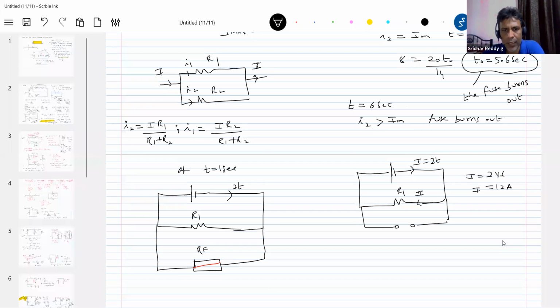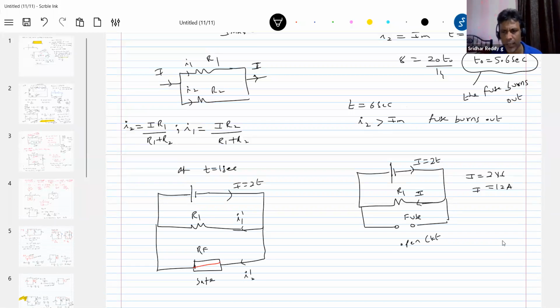So the current I2 dash, I1 dash will flow. The fuse will be safe. In place of the fuse, you have to write an open circuit. Got the idea? So different types of numericals will come.